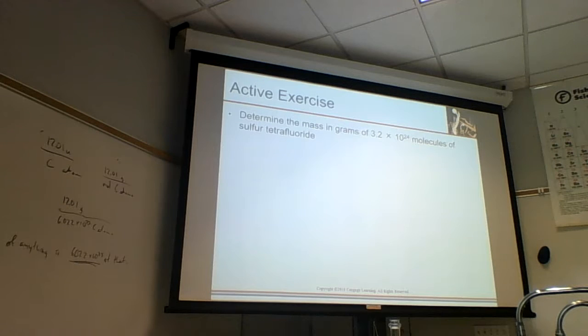We got 5 sig figs, which is fine, but always go 2 decimal places. That many grams of SF4 in 1 mole. And so the moles of SF4 molecules cancel out, and we're left with grams. So let's see what they did here.